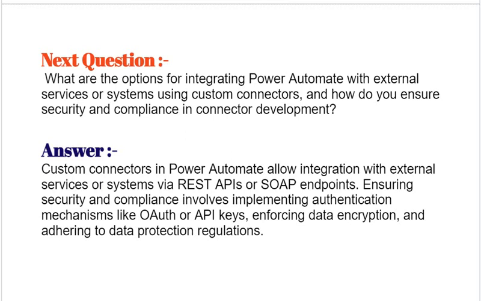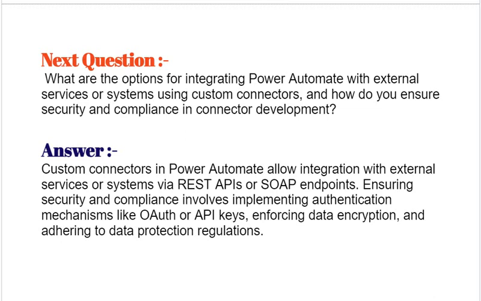Our next interview question is: what are the options for integrating Power Automate with external services or systems using custom connectors, and how do you ensure security and compliance in connector development?